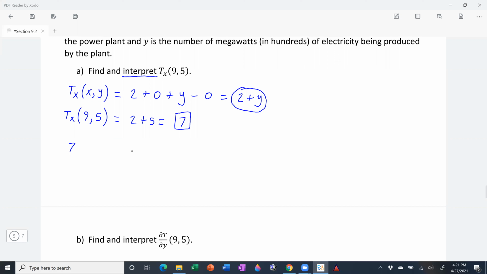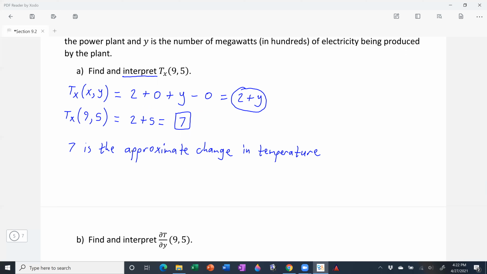7 is the approximate change in temperature. Since that's a positive number, I would assume that we have an increase in temperature, which should make sense.